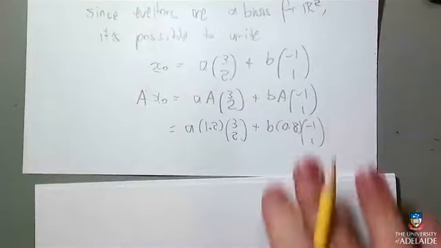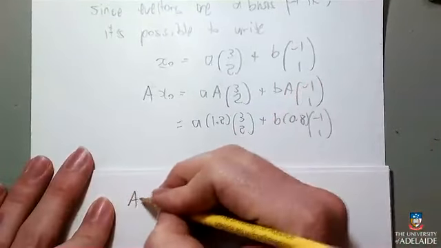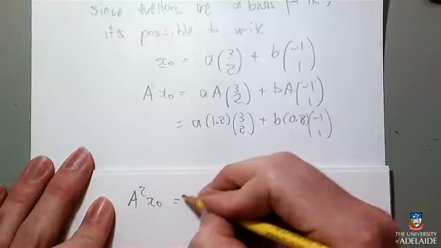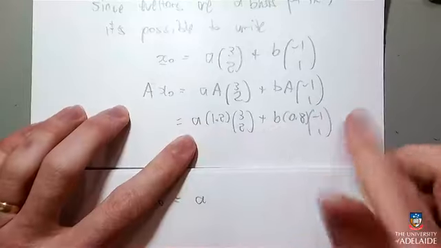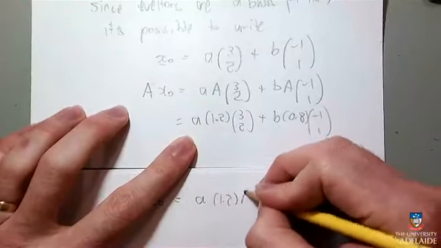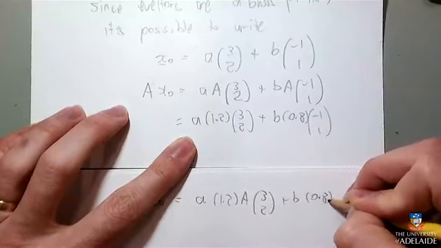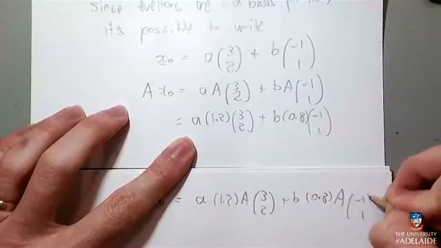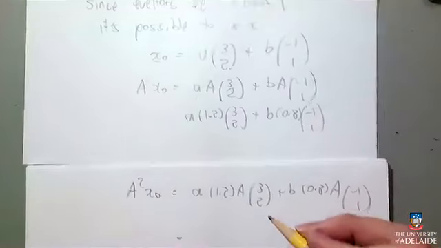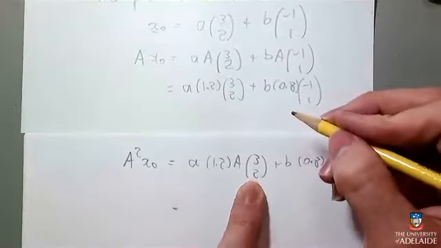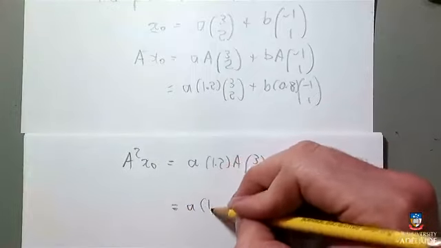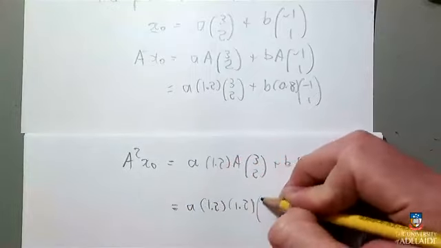And when I multiply by A again, I'm going to times this one by A. But A times an eigenvector is the same as multiplying by the number. You don't normally have to show all this working. I'm trying to explain how it goes.